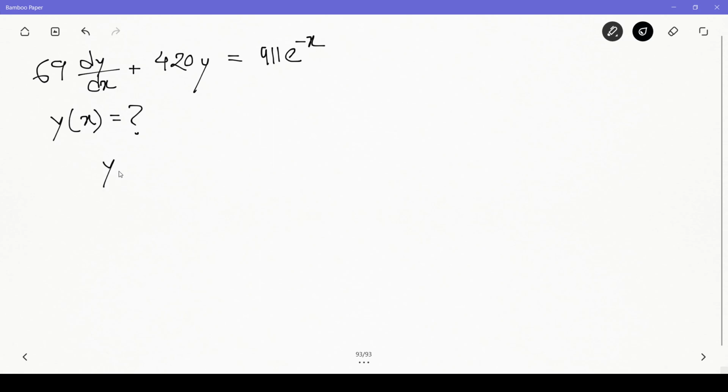You found the y particular part, and then we figured out the y homogeneous part of the ODE, and we summed them together to find the actual value of the dependent variable y at a particular point x.